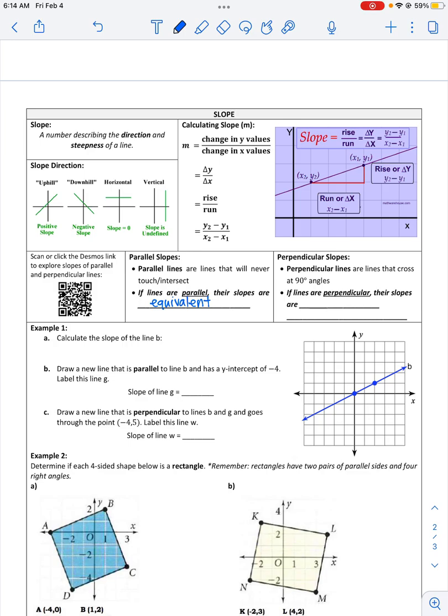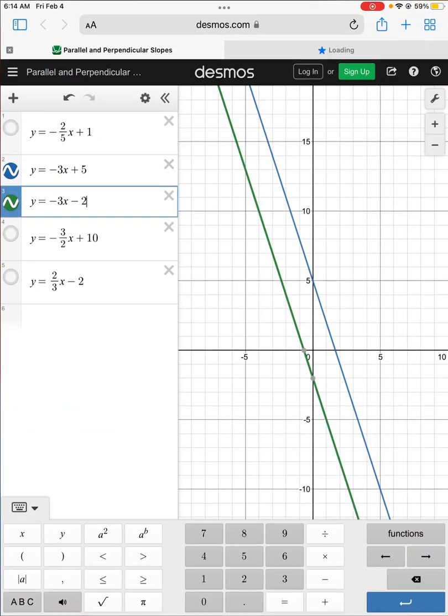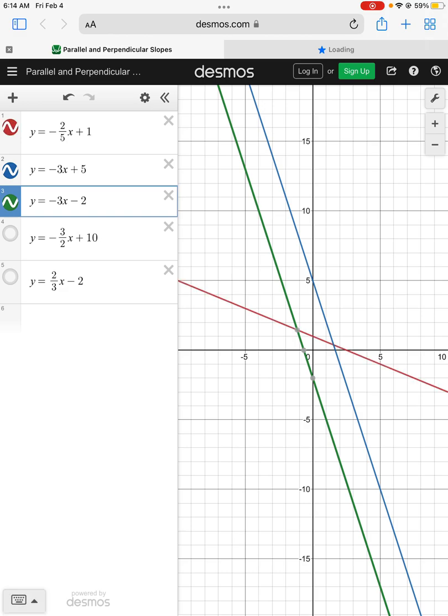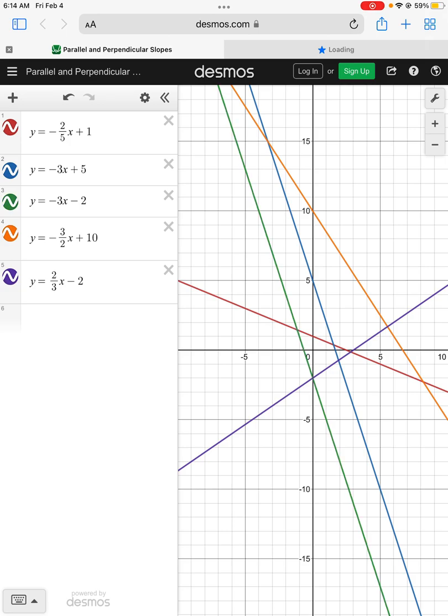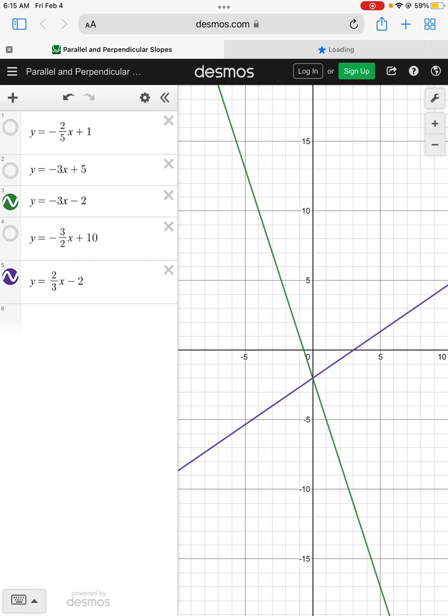Okay, and then if I go back to my Desmos link, the blue and green are parallel, and then I'm going to isolate the purple and green. All right, so the purple and green lines are intersecting, so they cross each other. But now if we're trying to determine perpendicular, we have to be careful that perpendicular only means intersecting at a perfect right 90-degree angle.